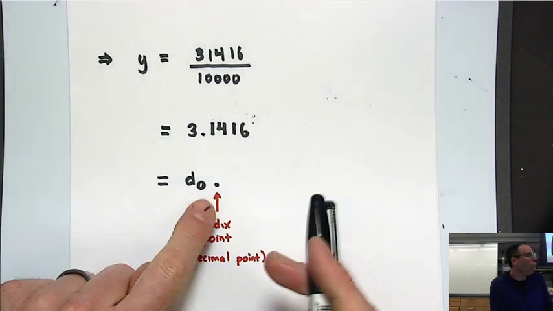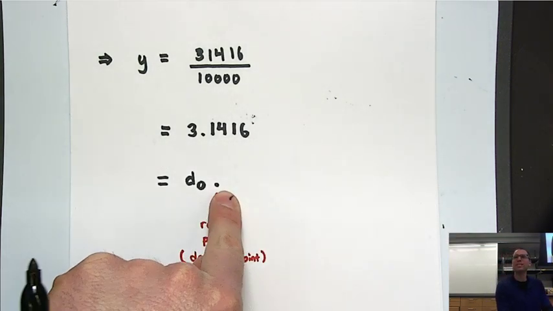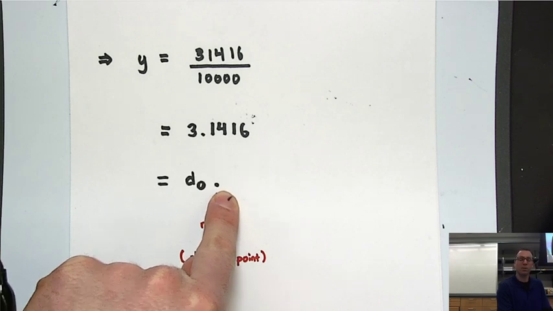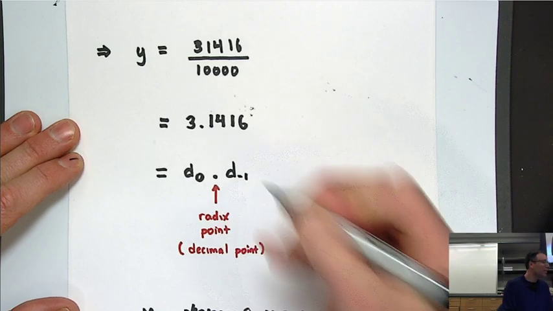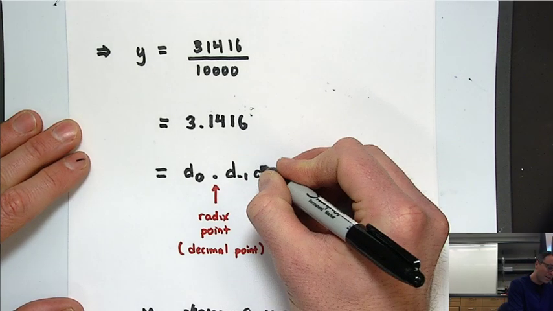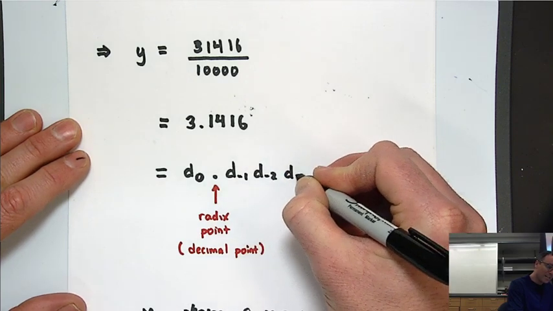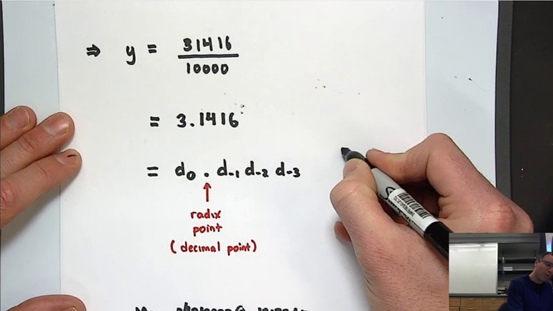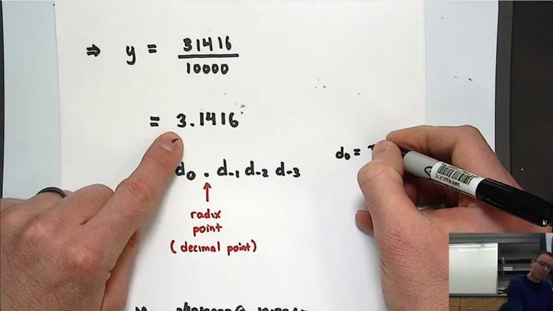Okay. What would the next digit be? D to the -1. And then D to the -2, and then D to the -3. And we should probably mark out what these are. D naught was 3.